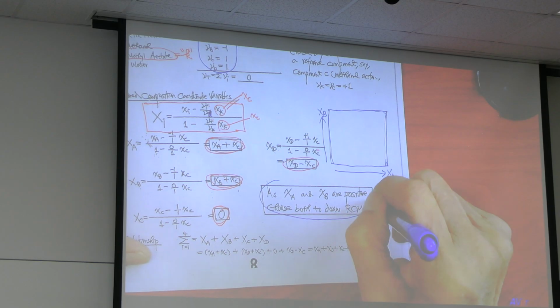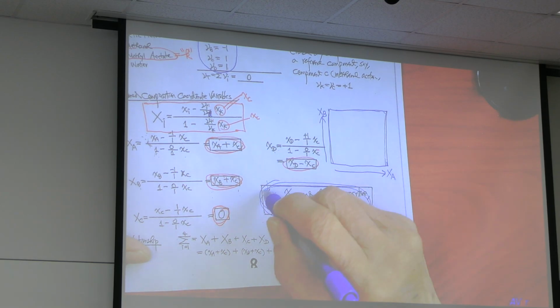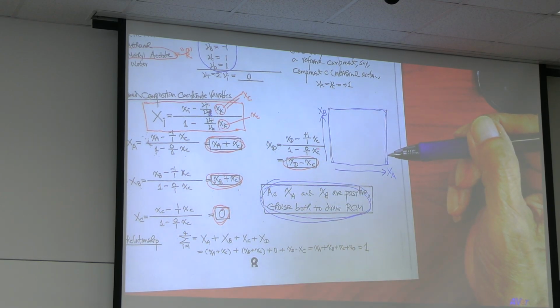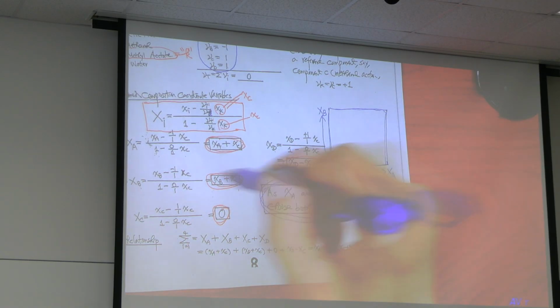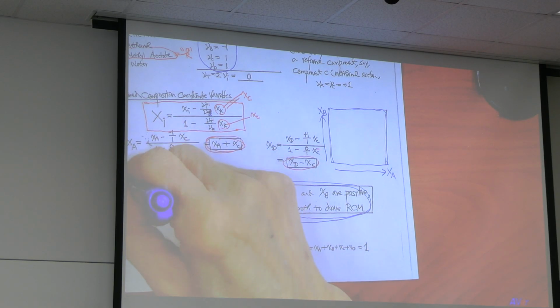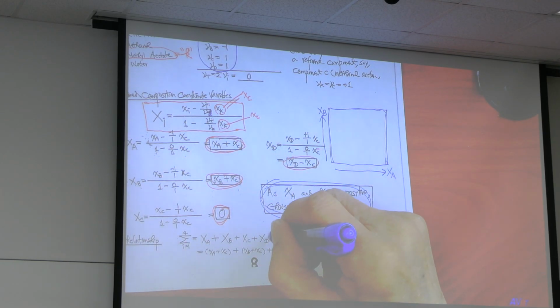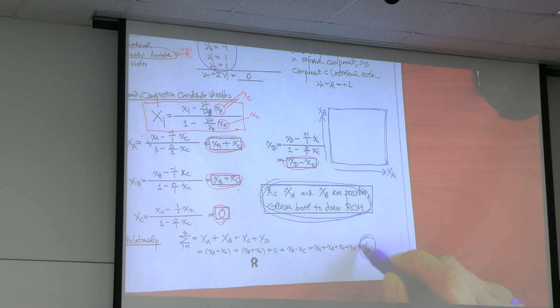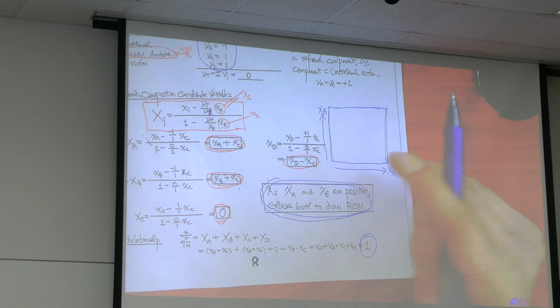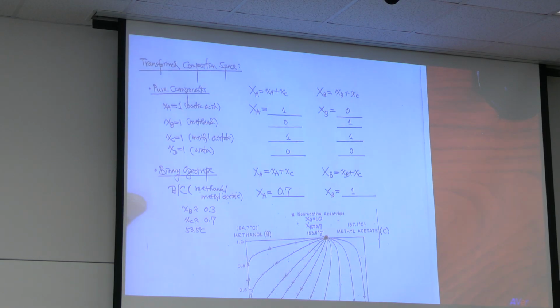We'll use A and B to draw the RCM. What is the relationship among transform coordinates that sum to 1? So now, here comes page 9.